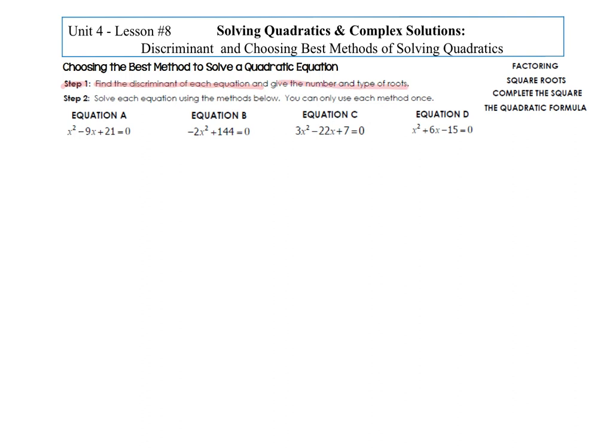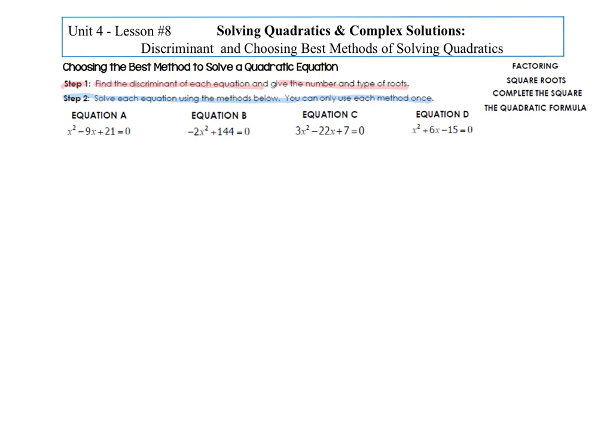Then based off that, we go to step 2, which is to solve each equation using the methods below. You can only use each method once. So if you have a favorite method, like the quadratic formula that always works, you can't use it on all 4 of these, even though it could be used 4 times.